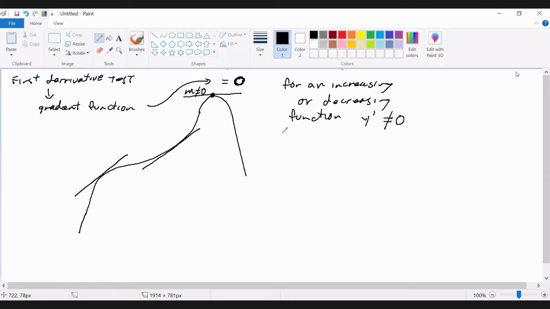So here, what is the gradient? The gradient here is going that way. The gradient m here is going from left to right, so m here is positive.